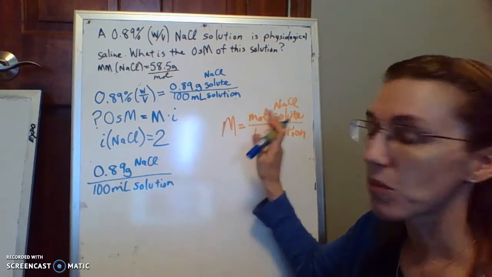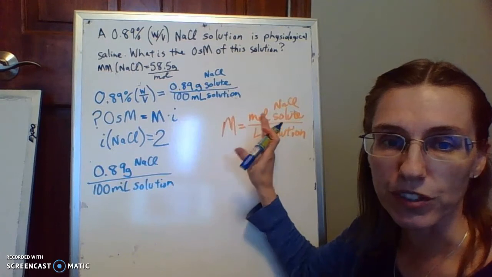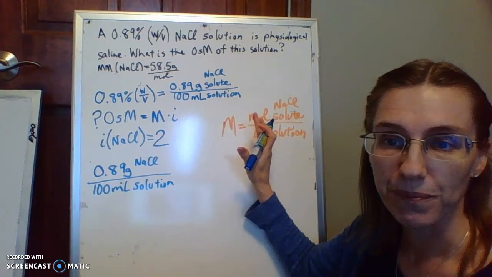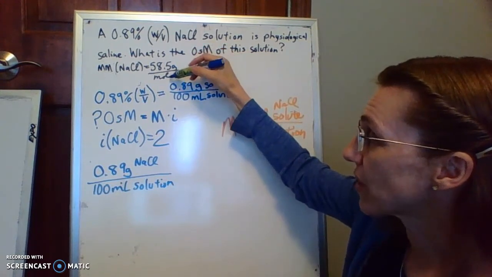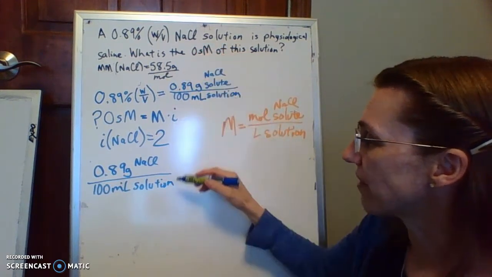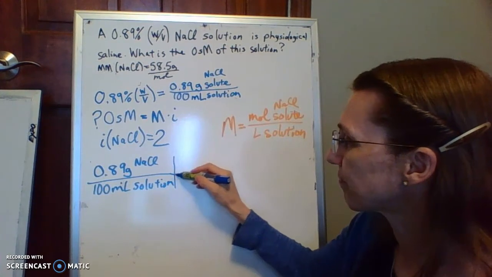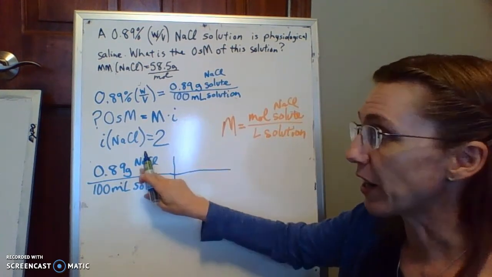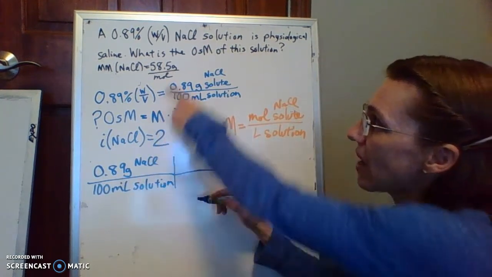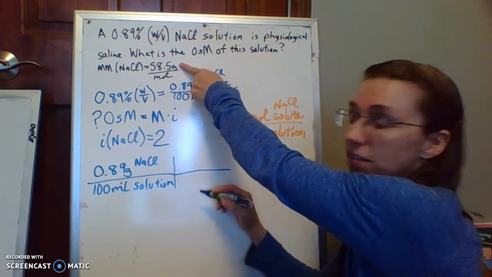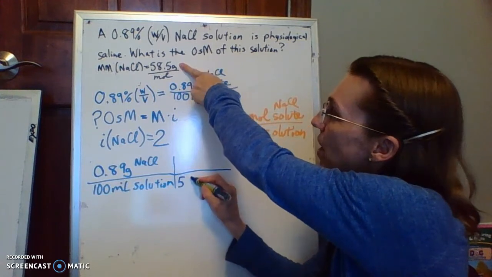So, grams to moles. What conversion factor do we use to convert grams to moles? Molar mass. Exactly. We've got grams and we've got moles here, so we can definitely use that as a conversion. So, grams are in the top, so where do they have to be to cancel out? They have to be in the bottom. So we're going to put the grams of our conversion factor down there in the bottom.